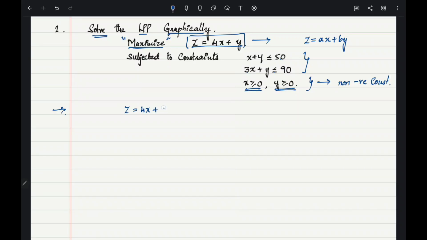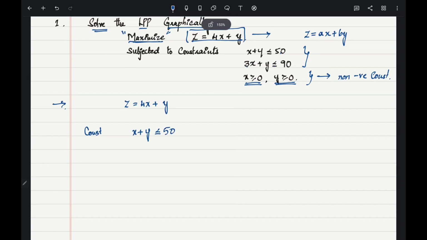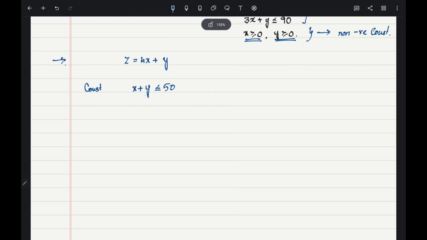So z is equal to 4x plus y is the objective function I have written as it is with the constraints. First you have to take the first constraint, x plus y is less than or equal to 50. Now we have to find the solution for this.